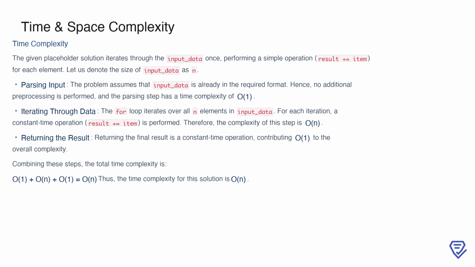Next, the loop iterates through all n elements, and since each iteration only involves a constant time operation, this step contributes O(n) to the time complexity. Finally, the return statement at the end also runs in constant time, O(1). When we combine these components, the overall time complexity simplifies to O(1) plus O(n) plus O(1), which is O(n). This linear time complexity ensures that the algorithm scales efficiently as the size of the input grows.